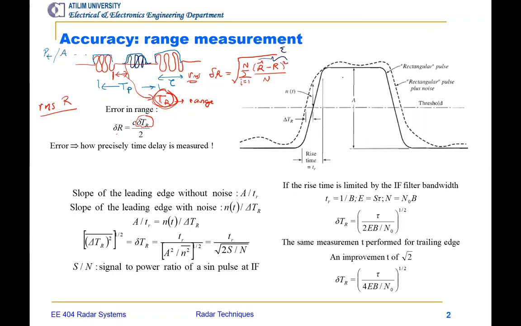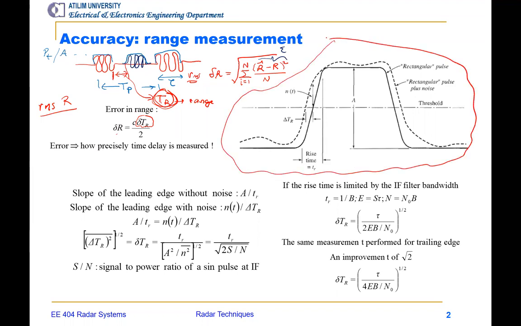Now, on the right-hand side, we got two pulses. These are not purely rectangular, they are smoothed pulses, which is quite realistic because in practice we do not have a perfect rectangular pulse. There's always a rising edge and a leading edge. And if we do not have any noise, then we expect a smooth pulse, as shown here, a solid curve.